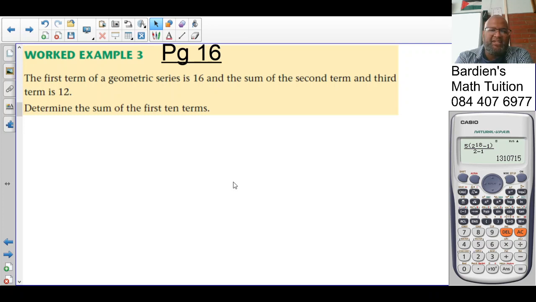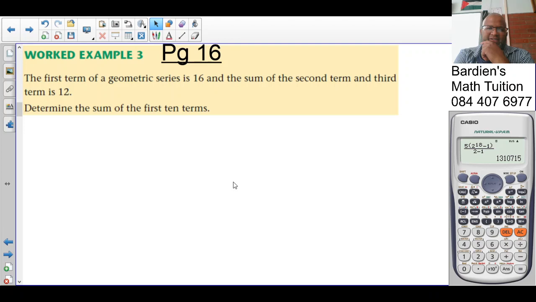The sum of the second term and the third term is 12. Didn't we do a sum like this already? No, okay. The sum of the second and third term is 12. So what do I do here? T2 plus T3 is 12.